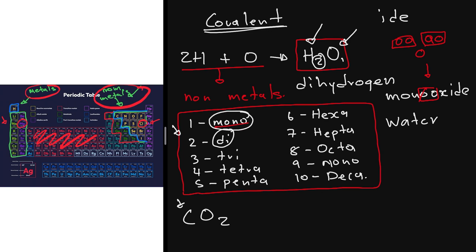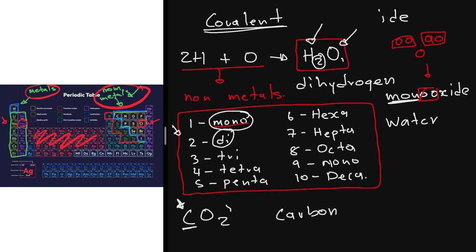We don't have to write monocarbon. We're just going to write it as carbon, because it is the first element, the one that is starting. If it is not starting, you can write the mono like we did on that part. But if it is the first element, you don't write the mono, you just write carbon. Remember, you write the name as it is.